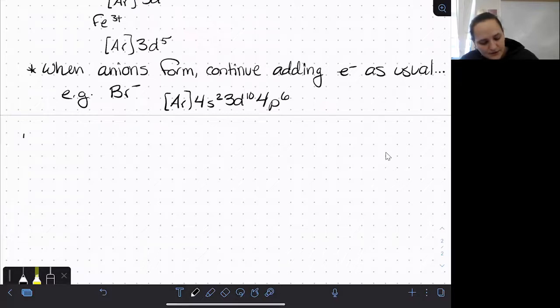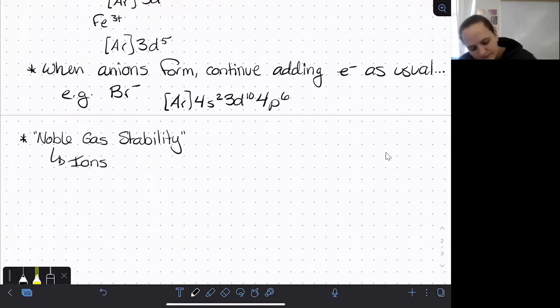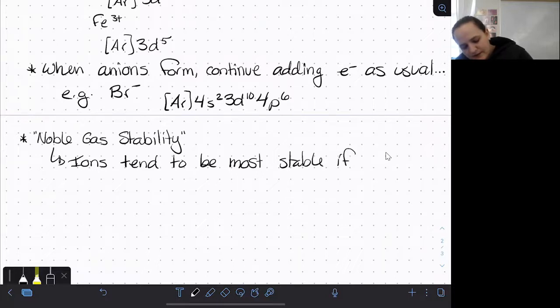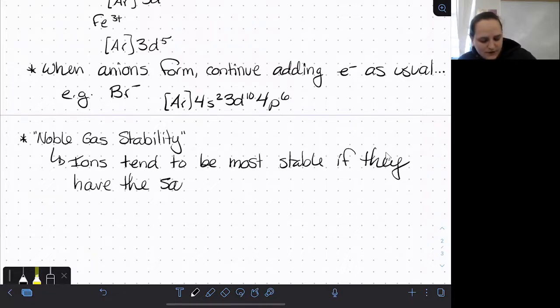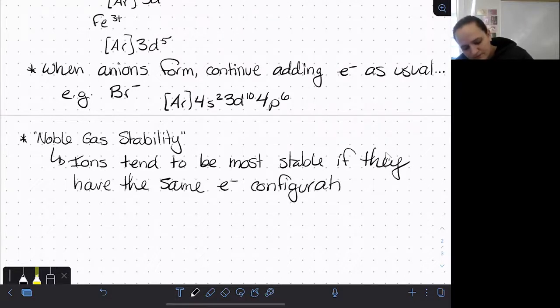So one other thing to note that is interesting about ions is that there's this concept frequently referred to as noble gas stability for ions, that ions tend to be most stable if they have the same electron configuration as a noble gas.